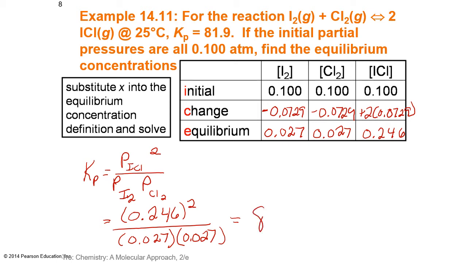And so we get a value of about 83. Our equilibrium constant was 81.9. So we're a little off, but within significant figures. And so this means that our answer, which each one of them have a little bit of rounding, is appropriate and correct.